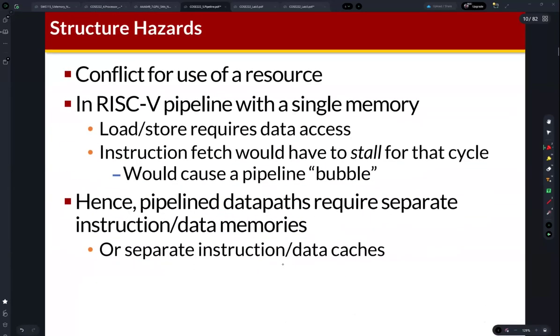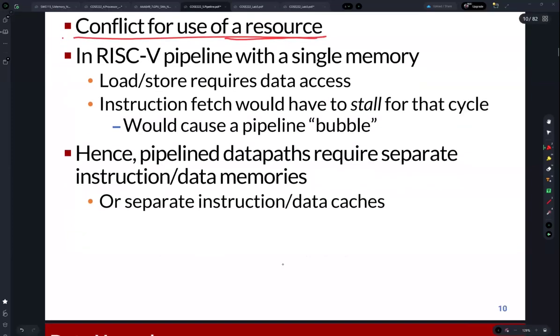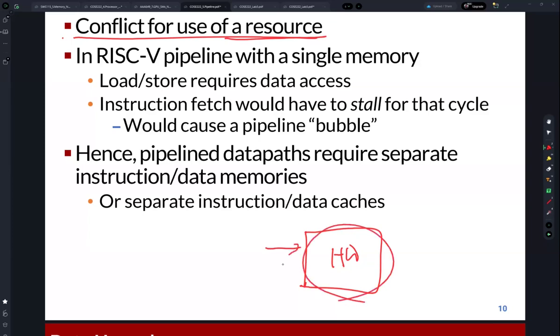Let's learn about the three different types of hazard. Structure hazards are caused by conflict of use of a resource. What does it mean? This is a hardware component, and a certain task tries to use this hardware. It takes time, delta t.